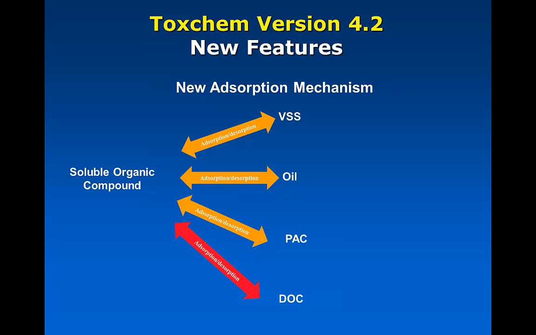This is reported to be an important phenomenon in certain situations. So we thought we would add this one in case some people are interested in modeling the absorption of VOCs onto the natural organic compounds in wastewater.